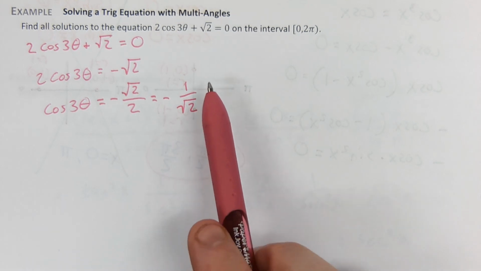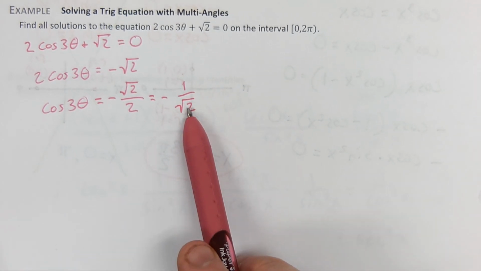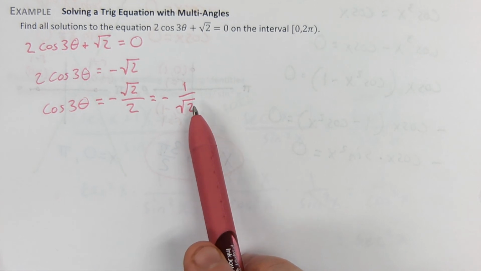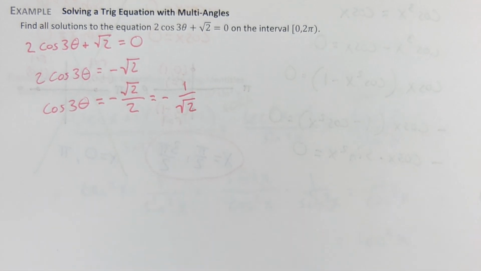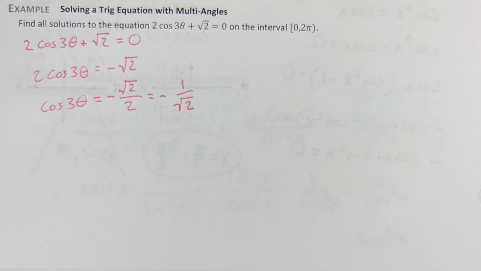Well, this is a fraction of side lengths, which means we could figure out at what angle that's occurring. Yeah, and we will need to do that. However, here's the problem. It doesn't say cosine of theta. It says cosine of 3 theta.